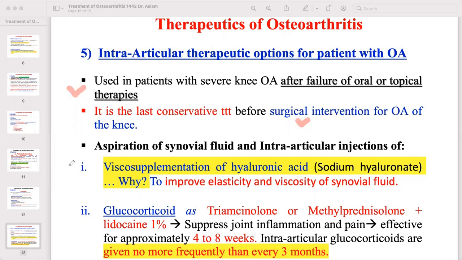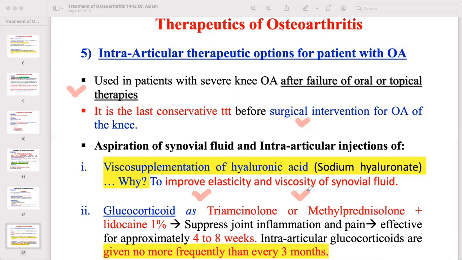Aspiration of synovial fluid and intra-articular injections of viscosupplementation of hyaluronic acid, that is sodium hyaluronate, is very important to improve the elasticity and the viscosity of synovial fluid.